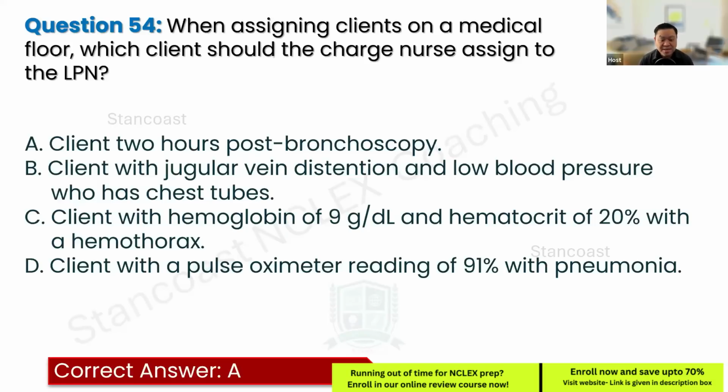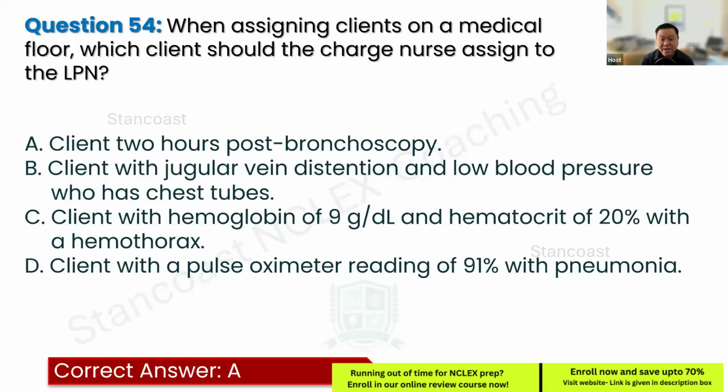Letter C is also incorrect. Low hemoglobin and hematocrit suggest that the client may be unstable. And of course, this patient has a hemothorax, so this really requires RN skill. Letter D, oxygen saturation of 91% indicates hypoxia, meaning the client is not stable enough for LPN care.